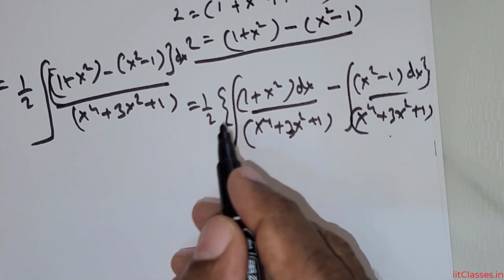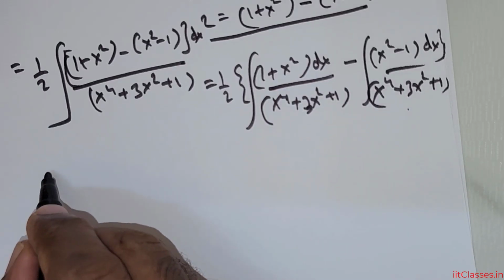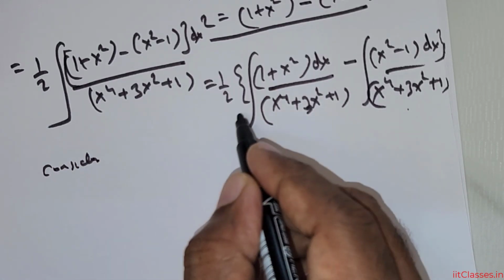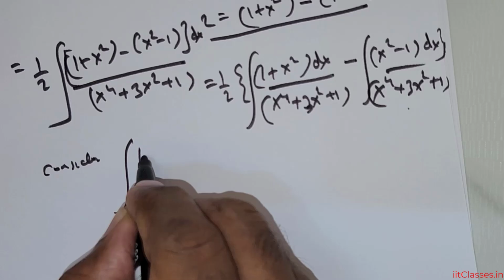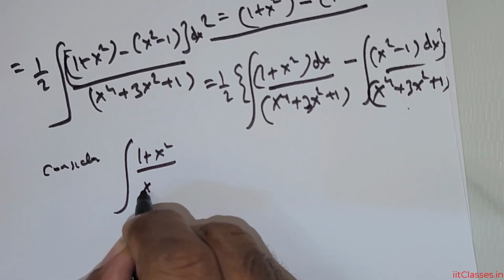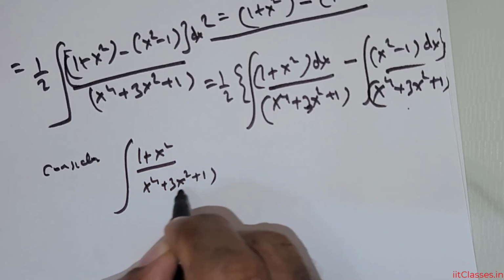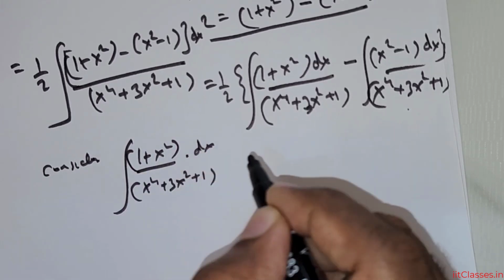Now you consider this component. I'm just going to be considering the integral of (1 + x²) divided by (x⁴ + 3x² + 1) times dx.